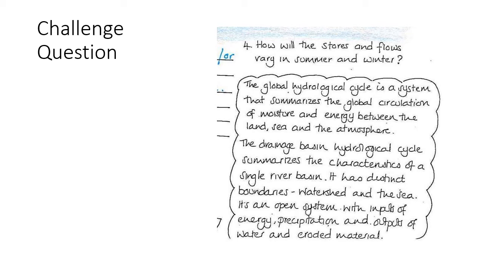You've probably got less vegetation in winter. Trees lose their leaves, so there's less transpiration as well. There'll be less interception, so water will get to the ground quicker. In summer, the opposite's true. There'll probably be less rain. It'll be warmer, so there'll be more evaporation, and more plants, so more transpiration.